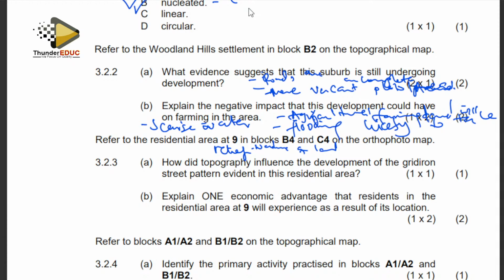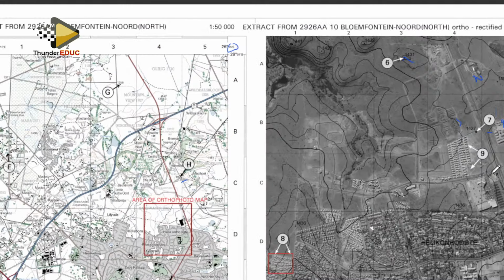Okay, so we are looking at how the nature of the gradient influenced it. If you look at the area, is it steep or gentle? Let's go back. When you look at this area, look at the contour lines. The contour lines on this other side are a bit close to each other, but here they are far away from each other, meaning that this area is flat.